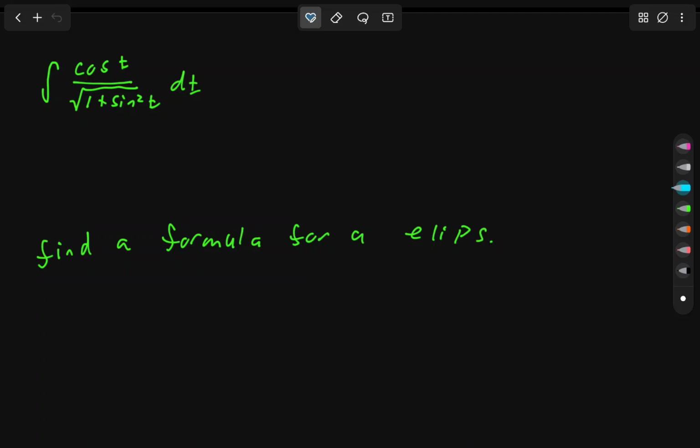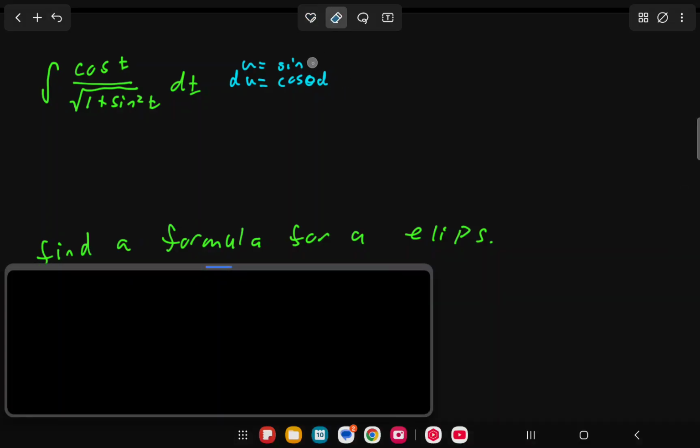We are going to set u equal to sine of theta. So then our du is going to be the same thing as cosine of theta d theta.